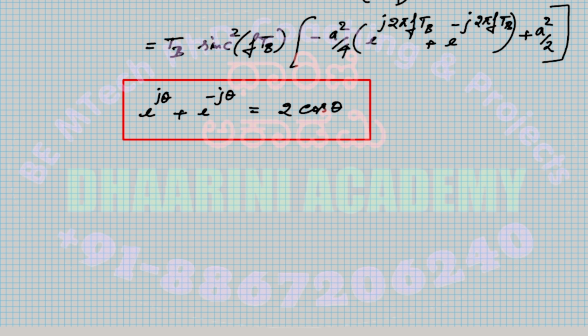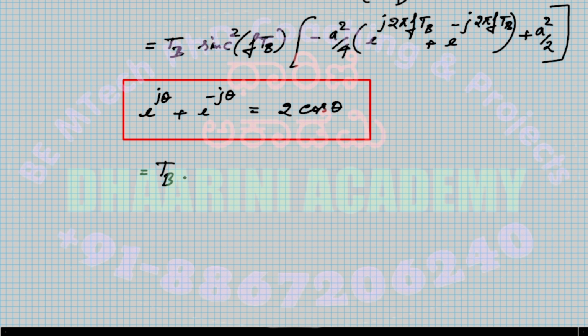So this is still equal to Tb into sinc square f into Tb, there is a minus of A square divided by 4 into, I need to write 2 cos theta. Theta is how much? 2 pi f Tb. So plus A square by 2. You can see this 2 cancels.